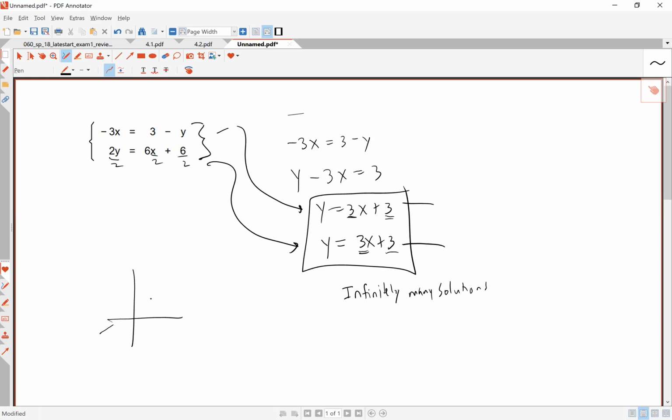If it turns out to be the same slope and different y-intercepts, that would mean that your two lines don't intersect, they're parallel. So the next problem is probably something like that. But if in slope-intercept form they have different slopes, then you're guaranteed to have that point of intersection.